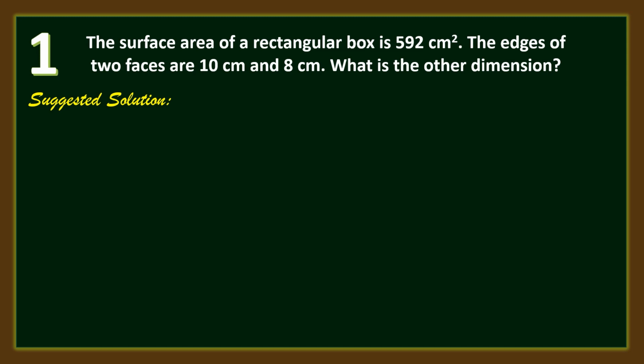The formula for the surface area of a rectangular box or a rectangular prism is equal to 2 times the sum of the products, length times width, width times height, and length times height.